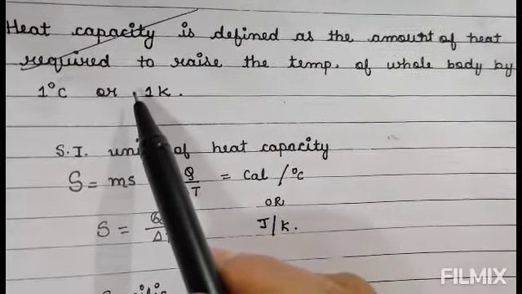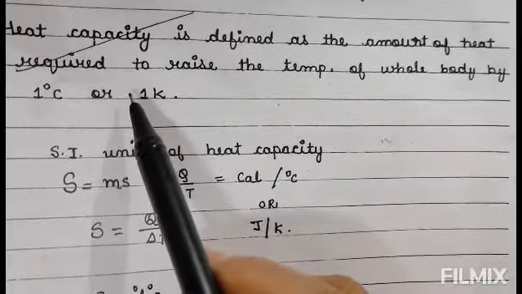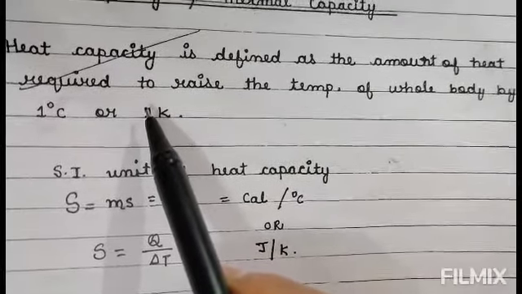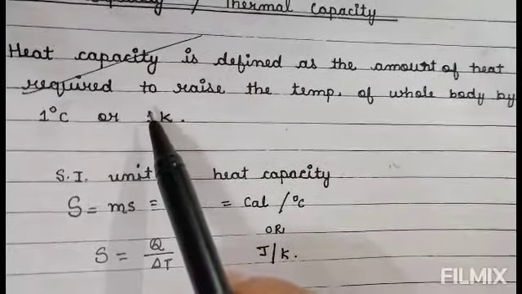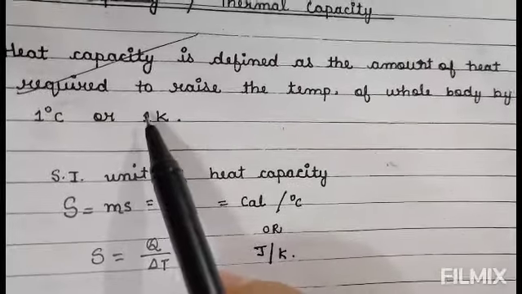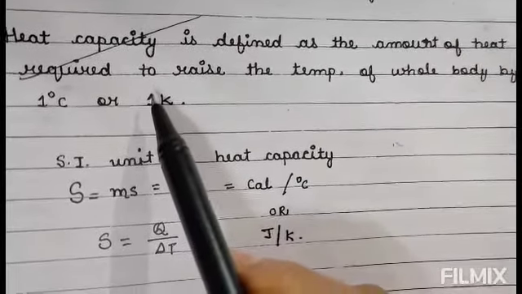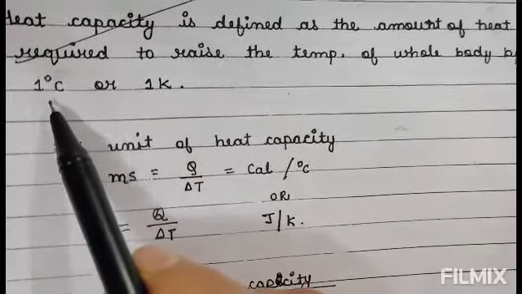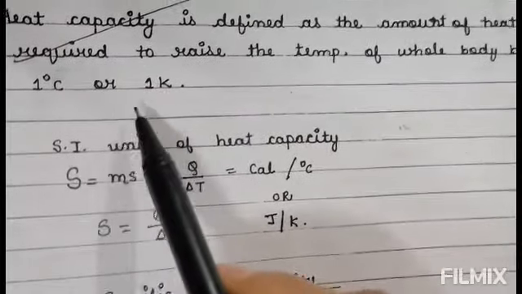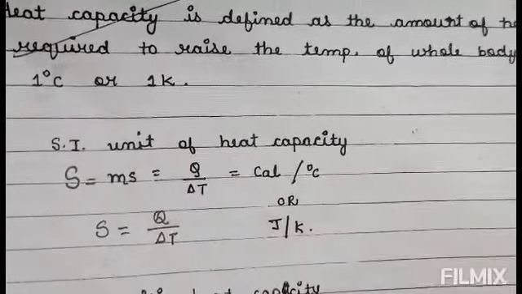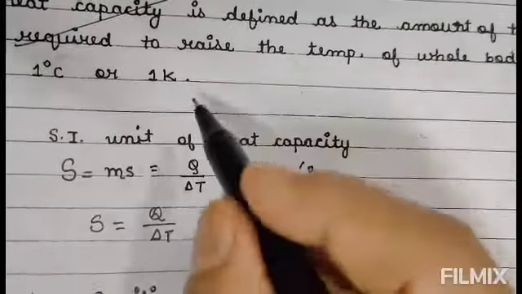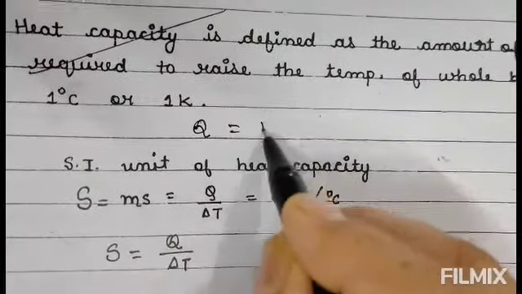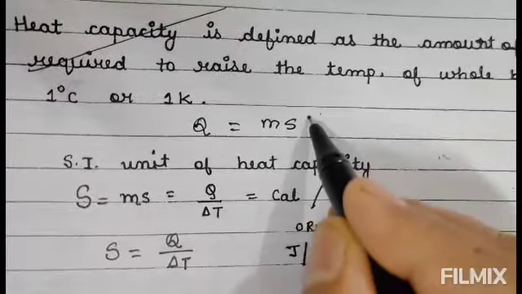There we take the heat required to raise the temperature of unit mass of the body by unity, and here you take the whole mass of the body, raising the temperature by either 1 degree Celsius or 1 Kelvin. As you know, the formula for heat is Q = msdT.